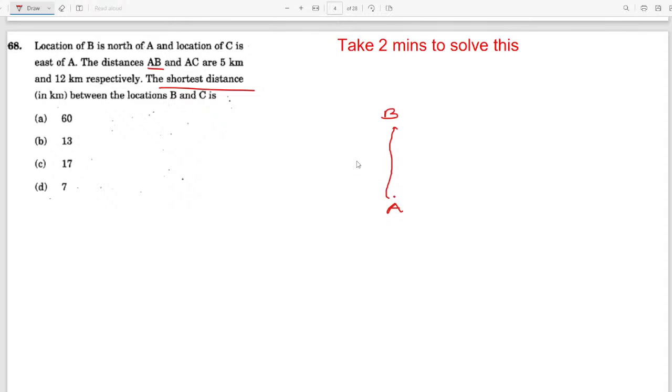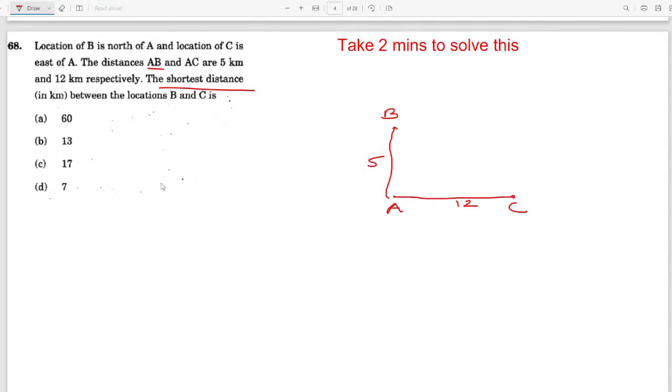Then they are saying that location of C is east of A, and C is 12 kilometers away.